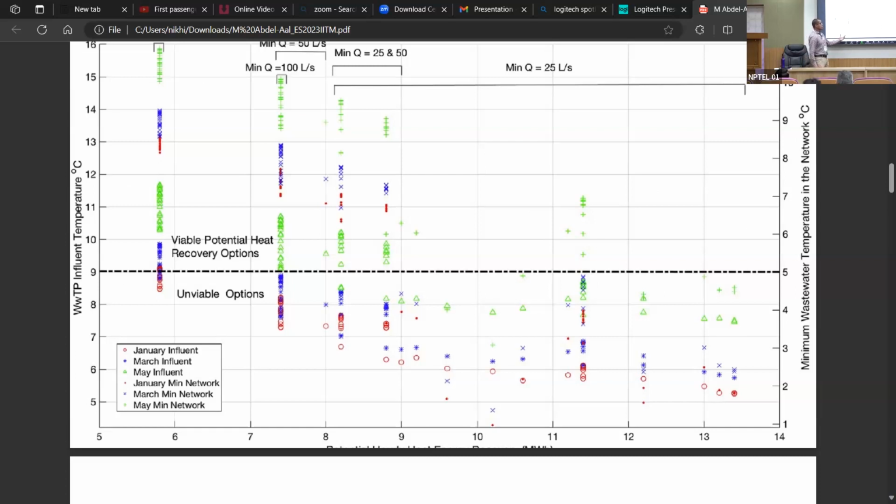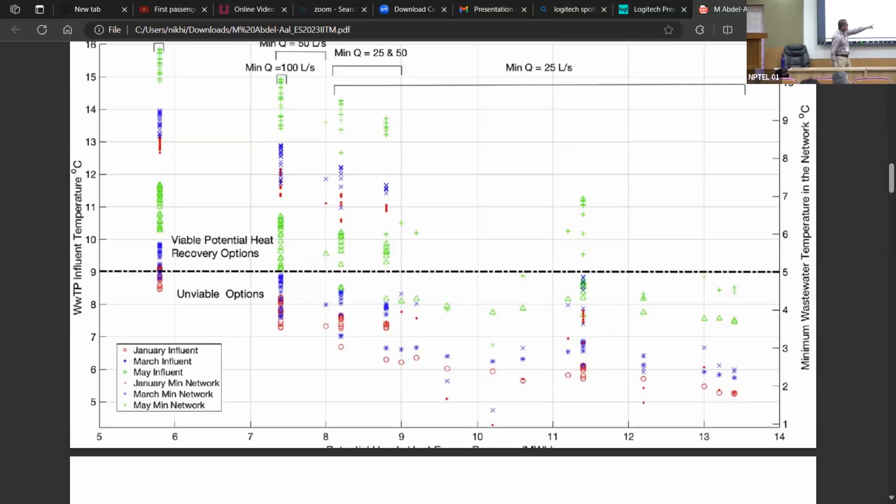So the model results show these temperatures as a function of the heat being recovered. The more you recover, obviously, the lower the temperatures. But we set a target to say anything below this dashed line is unacceptable.